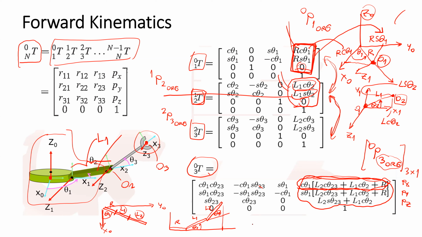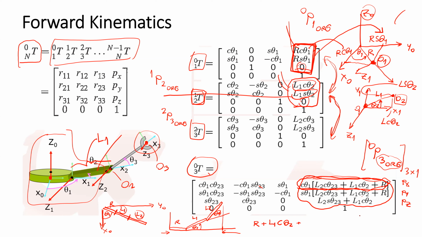You will have the projection length of r plus L1 cosine theta 2 plus L2 cosine theta 2,3.